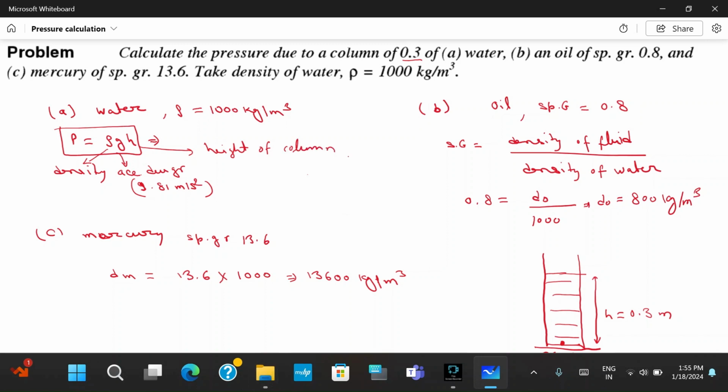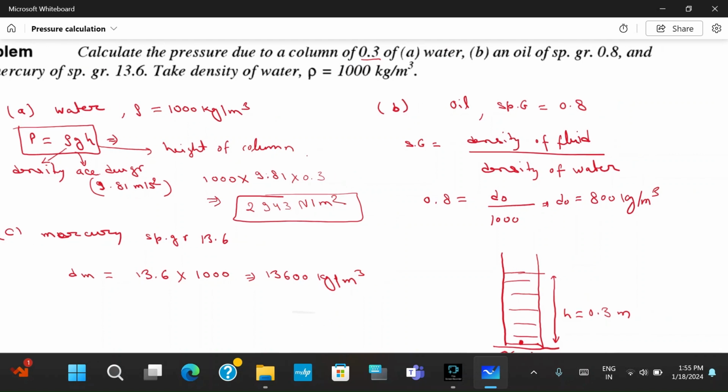So for water, pressure will be rho, which is 1000, into g, 9.81, into height 0.3. If you multiply this, you will get 2943 Newton per meter square. This is the pressure.